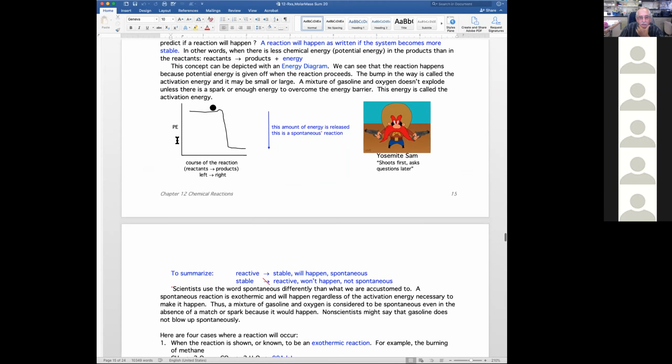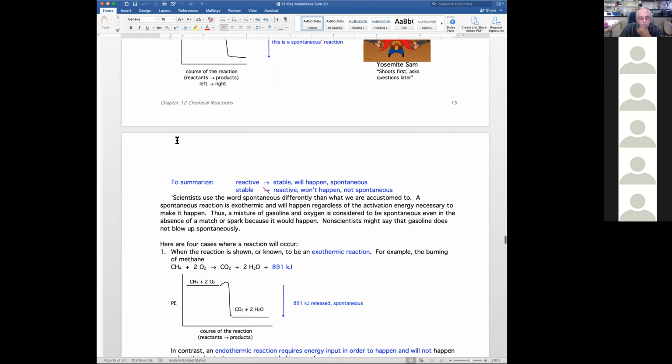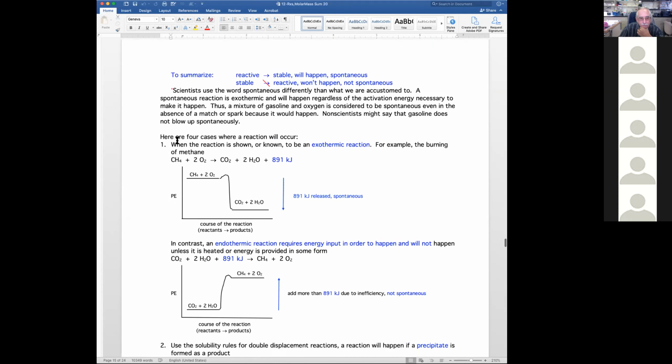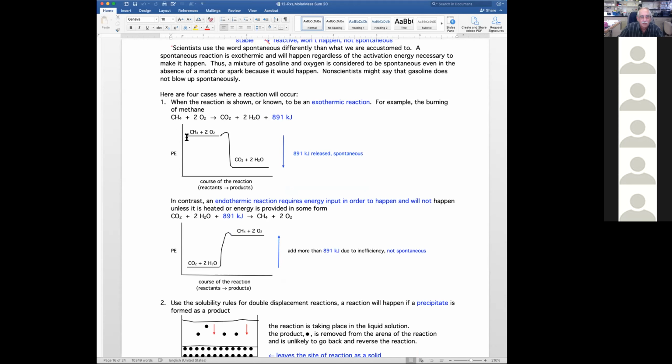So here's where I talked about all that stuff again. So why will this happen? Simply because you either see this energy given off, or even if you don't see that, you know from everyday experience that, you do combustion with methane, you get energy from it.